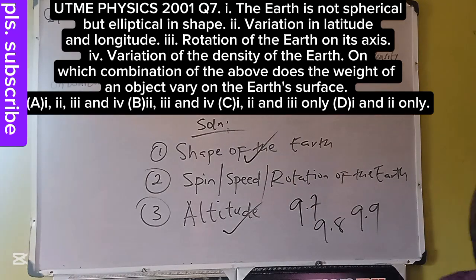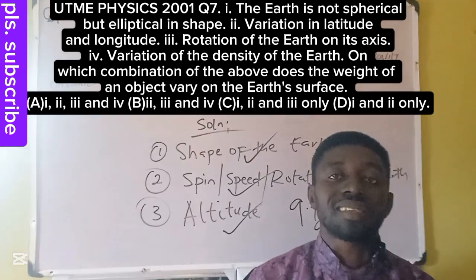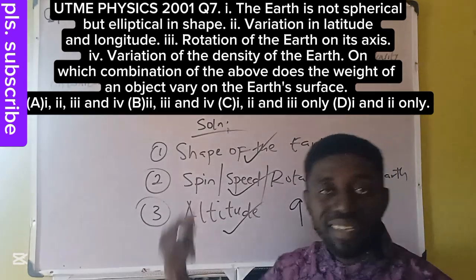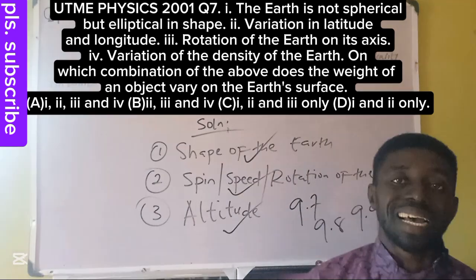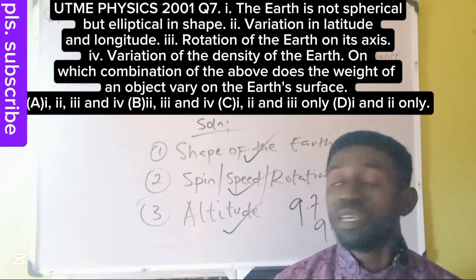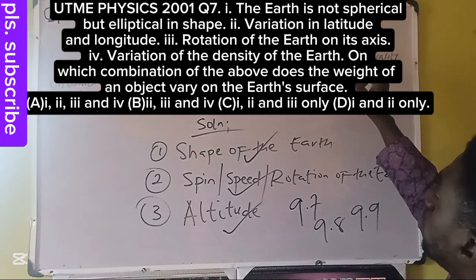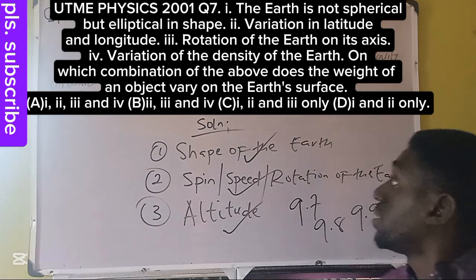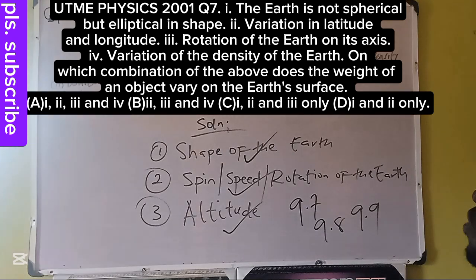III, rotation of the earth on its axis. It's talking about speed, spin, and rotation. Then IV, variation of the density of the earth. So density is outside these three conditions that affect the acceleration due to gravity of a planet. Therefore, density is odd. So we eliminate density. Finally, we'll be going for I, II and III.